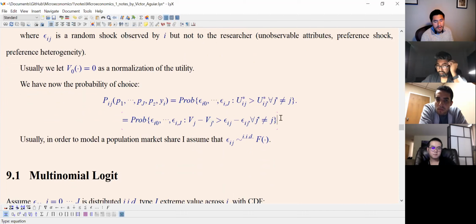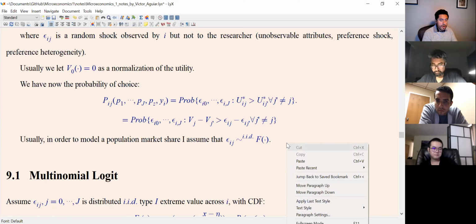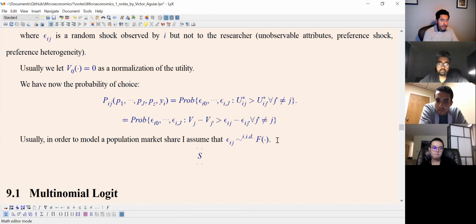So this will be for a single individual. Now imagine, for instance, that in order to make a population interpretation, I can also assume that these epsilons are IID across individuals. Then I can compute the market share for an alternative j.